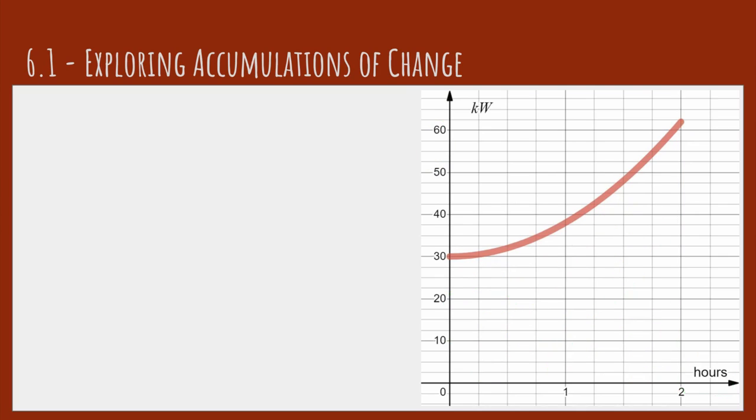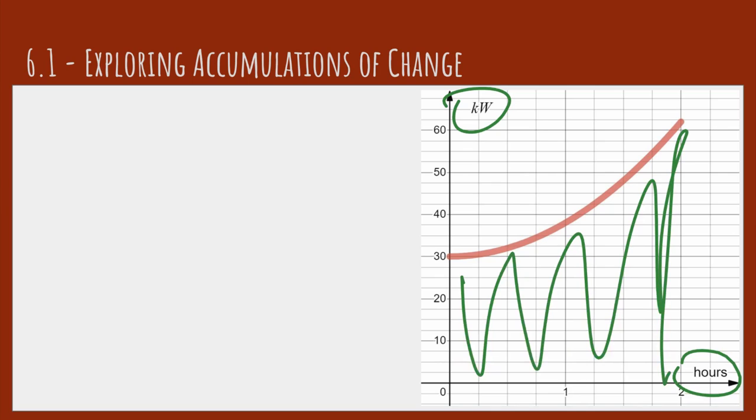We might see this with other types of graphs. So kilowatts measure the rate that electricity is used or produced. If you're producing electricity, say with a solar array or wind turbine or something, hours would be the time units. And so this area here would represent an amount of electricity in what's called kilowatt hours.